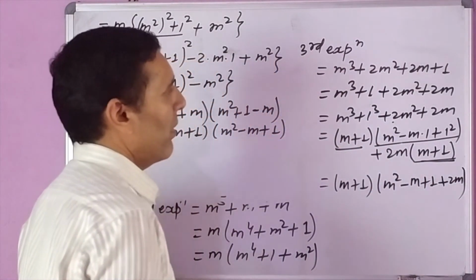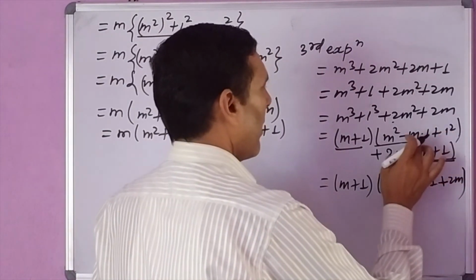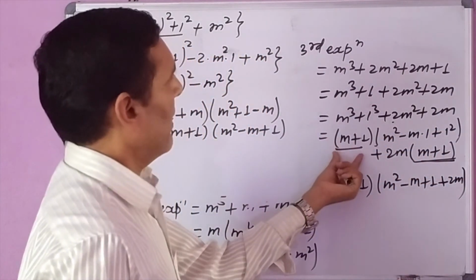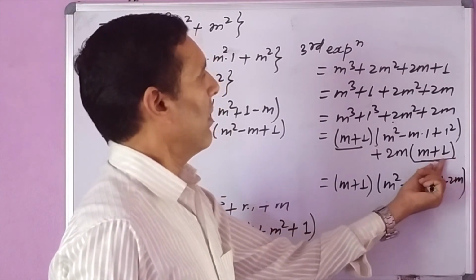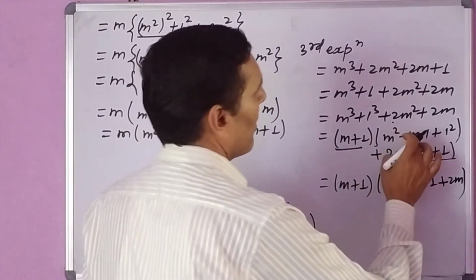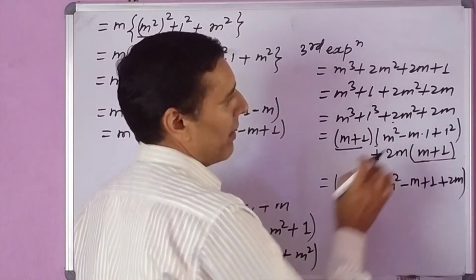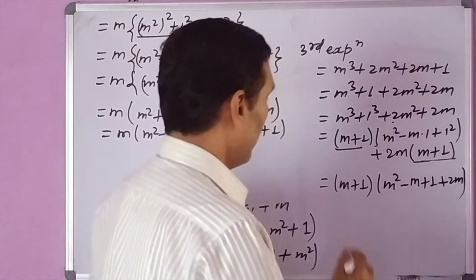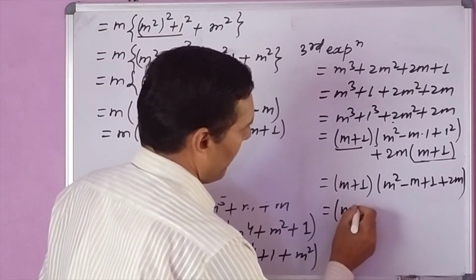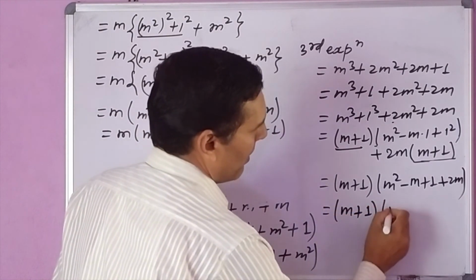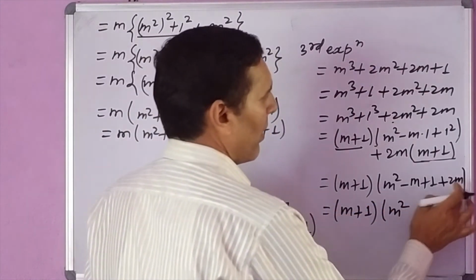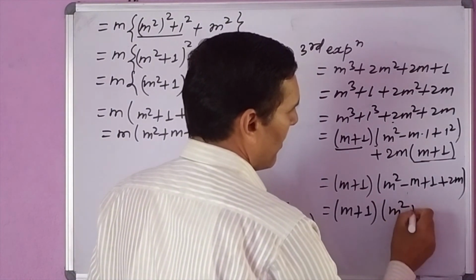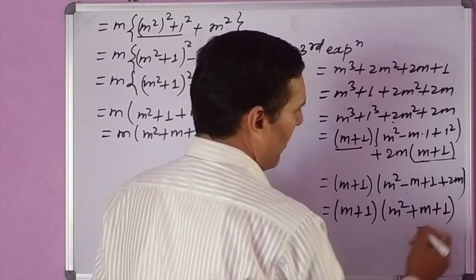If you take this m plus 1 common, what will be remaining here? M square minus m plus 1, and in the second part there will be 2m only remaining. So it is now m plus 1 times m square plus m plus 1.